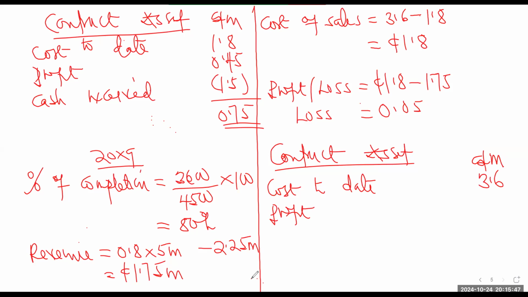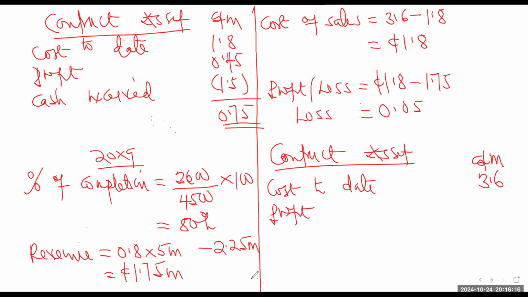What will be the cumulative profit on the contract so far? 0.4. Yeah, you see, the first profit that was recognized was 0.45.